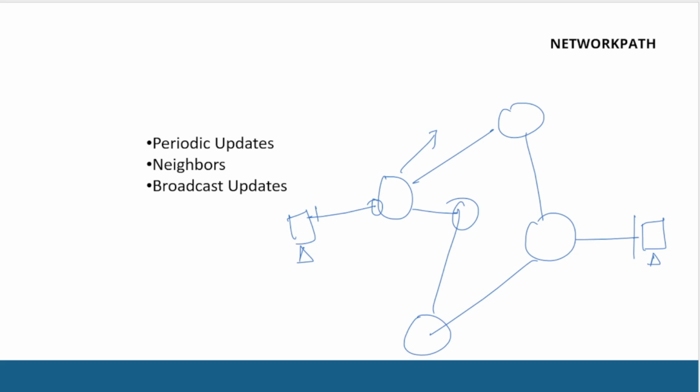The second thing is neighbors. In a routing protocol, a neighbor is simply another router that shares a common link or a logical adjacency. I explained to you what logical adjacency means. Okay. And distance vector protocols rely on neighbors to spread information. Each router sends its updates to its neighbors, and those neighbors pass the information along to their neighbors, and so on.